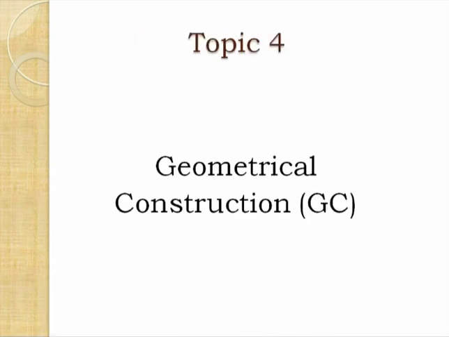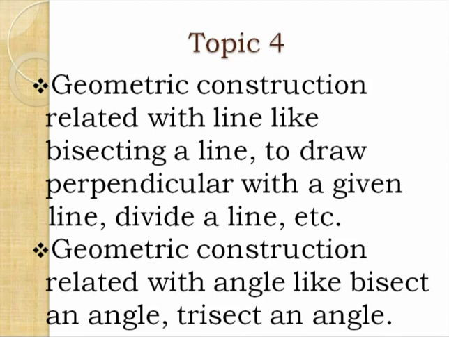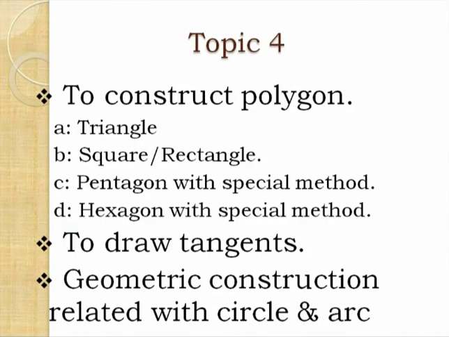This is our topic number 4, geometrical constructions. We will continue with this topic today. Now this is the content of topics: geometrical constructions related with line, then with angle, then with polygon. In that we will include triangle, square, pentagon, hexagon.